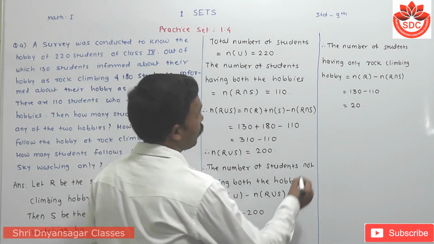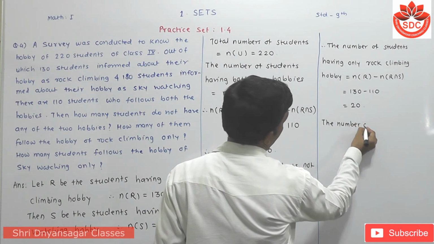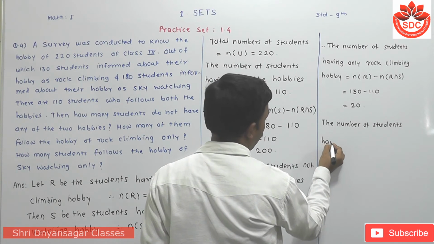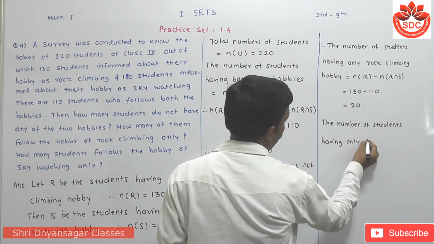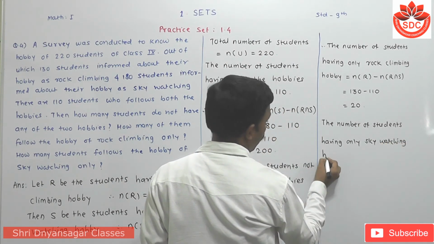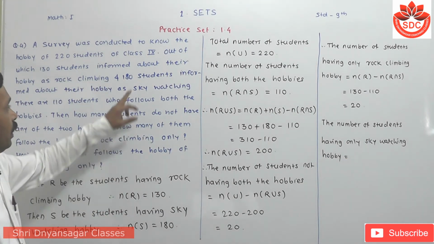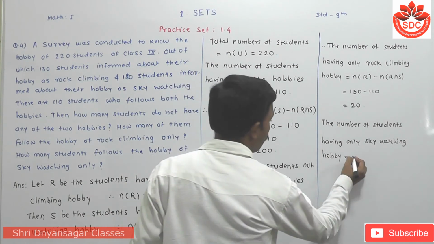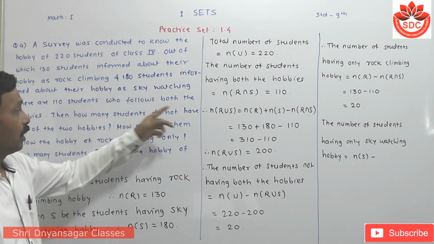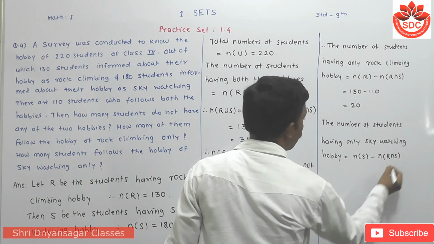The number of students having only the sky watching hobby is equal to the total number of students having the sky watching hobby, number of yes, minus both the hobbies 110, that is n of R intersection of yes.